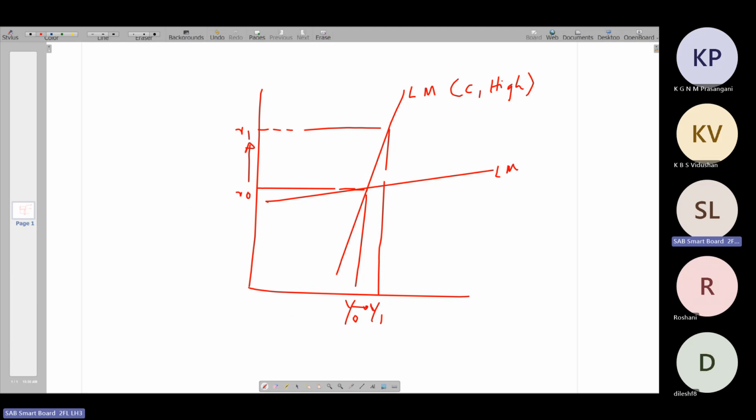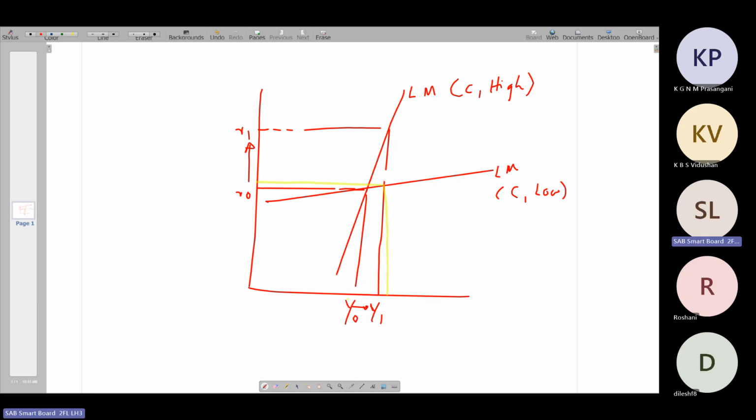If it is a flatter curve, now you can see, it is a small change in the interest rate but a larger change in income. Flatter. If C1 is low, C1 low means we get flatter.